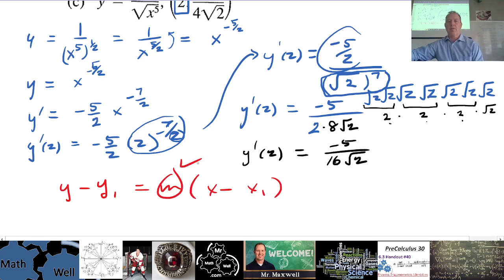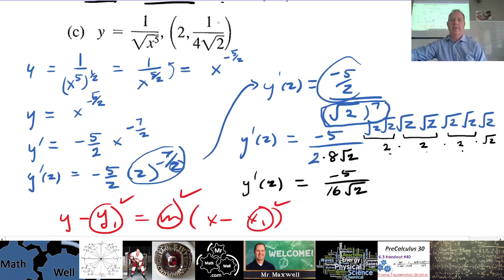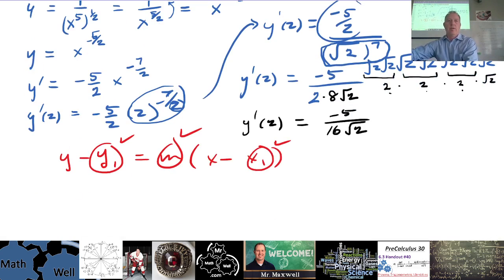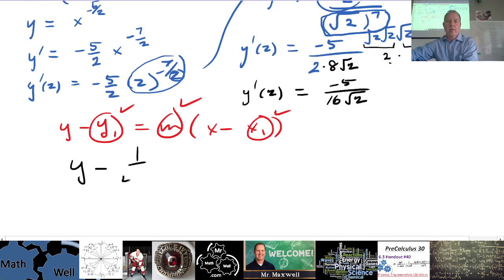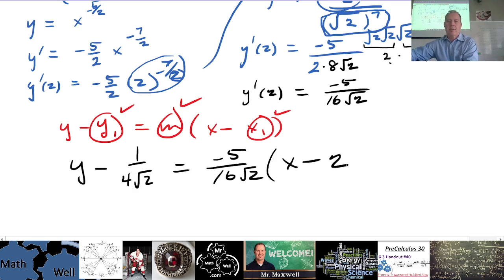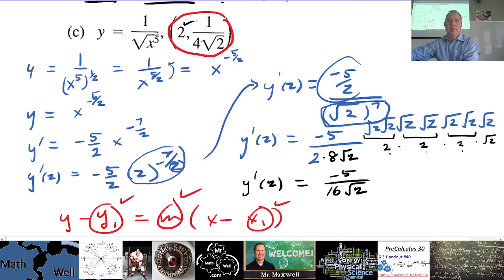We've got the slope, great, and I've got the point, the x value and the y value given in the question right here. So to finish this off, y minus, the y value there is 1 over 4 root 2, equals negative 5 over 16 root 2 times x minus 2.